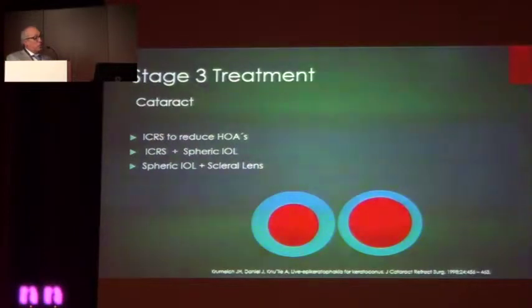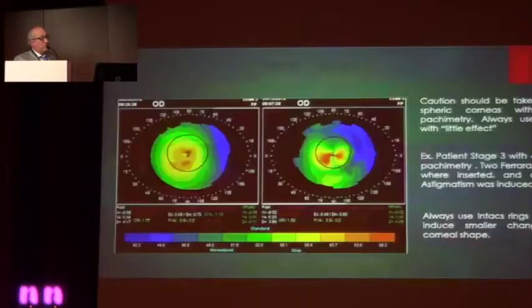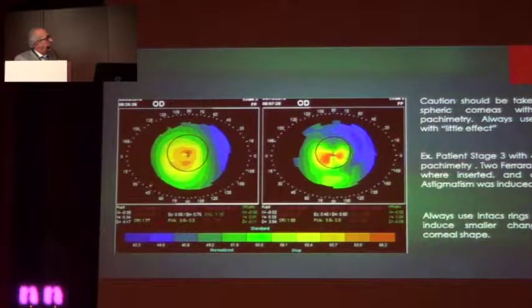Treatment options are intracorneal rings to reduce HOAs, intracorneal rings plus spheric IOL, or spheric IOL plus scleral lens. In this type of patients, caution should be taken with spherical corneas with low acuity. Always use intracorneal rings with little effect.